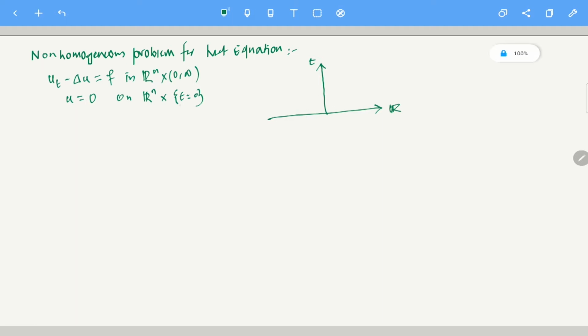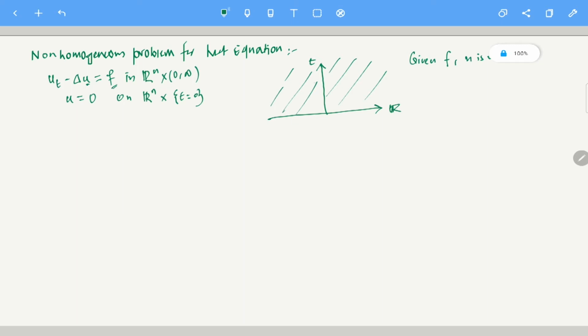So what it is saying here in the case of one dimension is, in this part of the domain, you are looking for a u such that f is given to you. So given f, we are looking for an unknown, u is unknown, such that u_t minus Laplacian of u, if you remember, Laplacian of u is with respect to x, is equals to f.